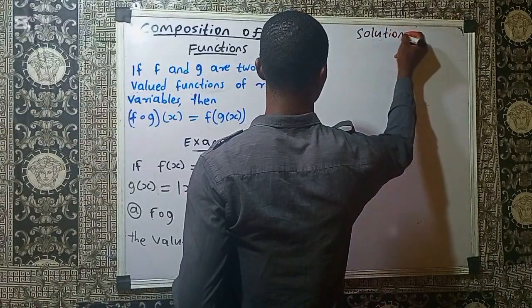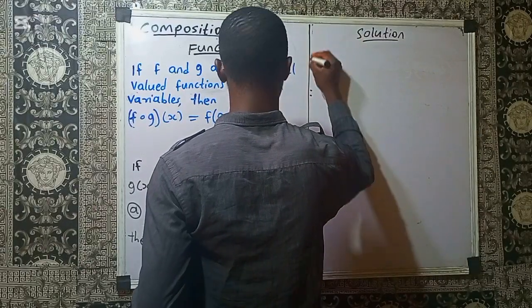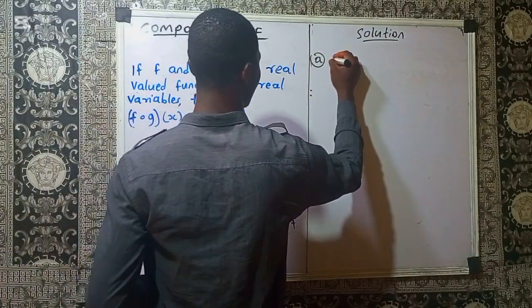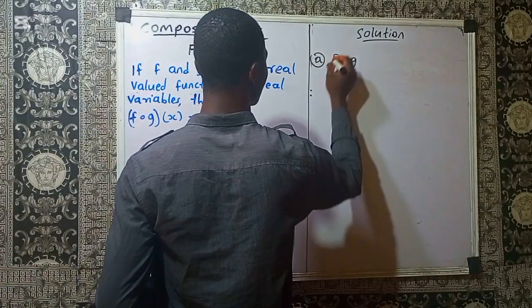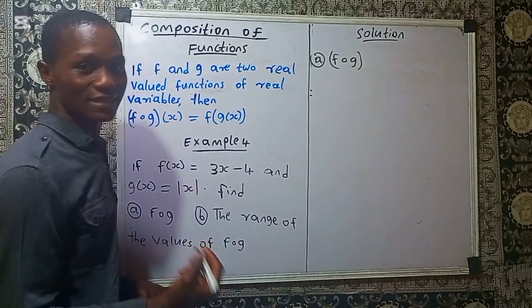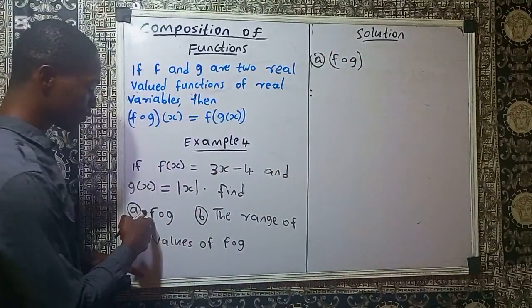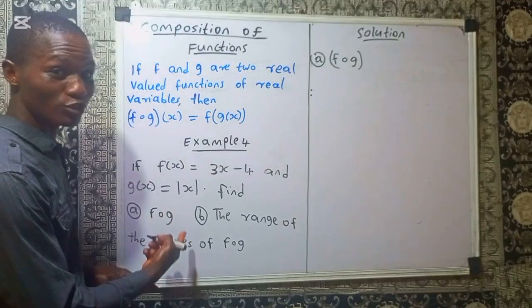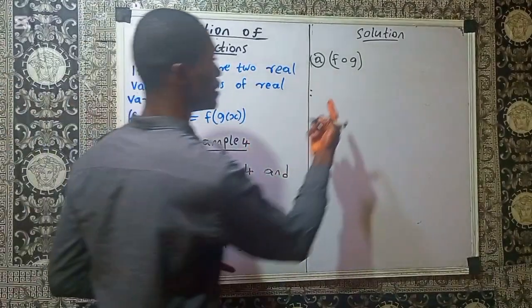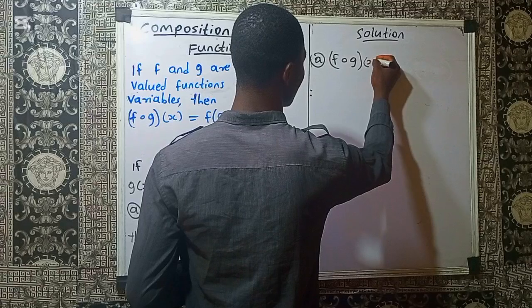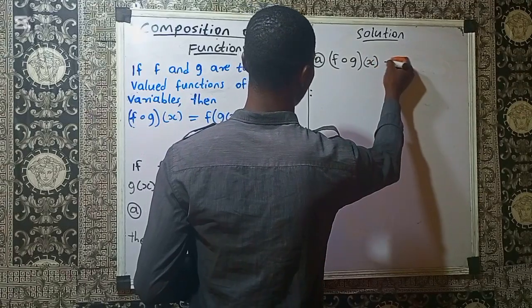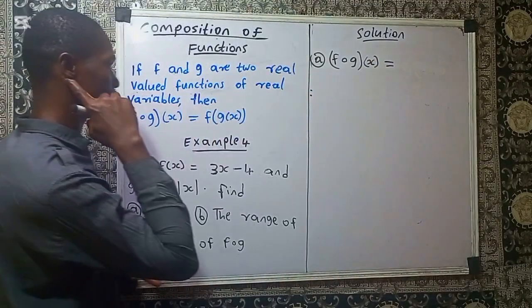Solution. So for the a part, we need to get f composition g. But we are doing it at x, right? Saying find f composition g is the same thing as saying find f composition g of x, at any real variable x.